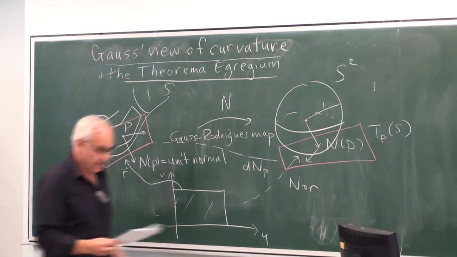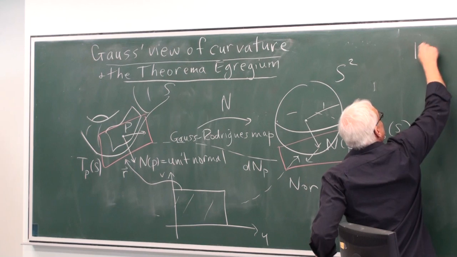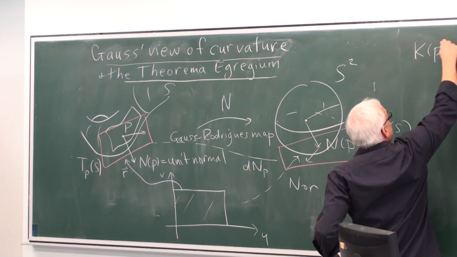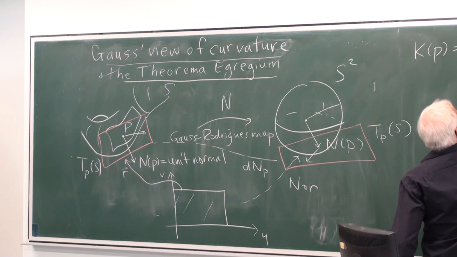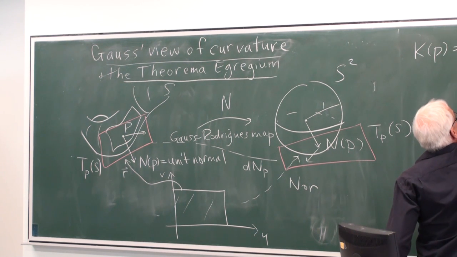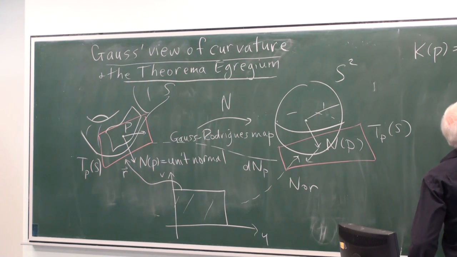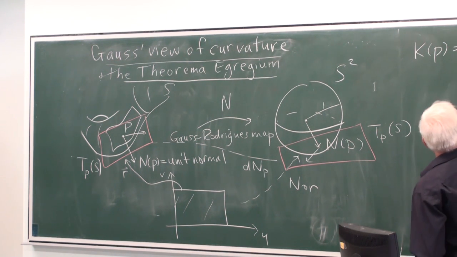Okay, so in terms of these things, Gauss's understanding is that the curvature of the surface S at P is basically the determinant of this derivative map, dn of p.